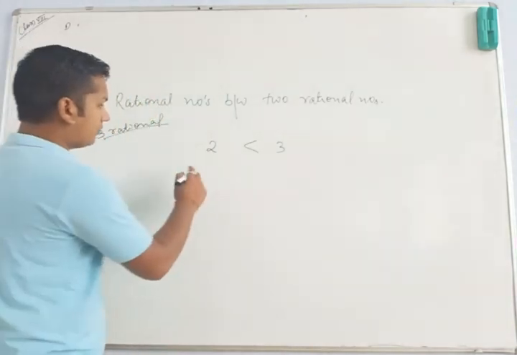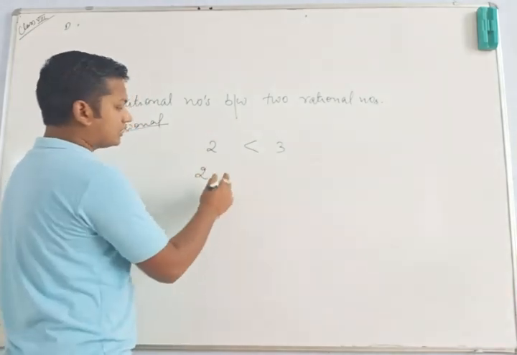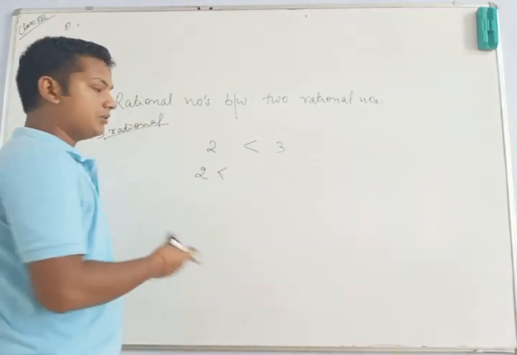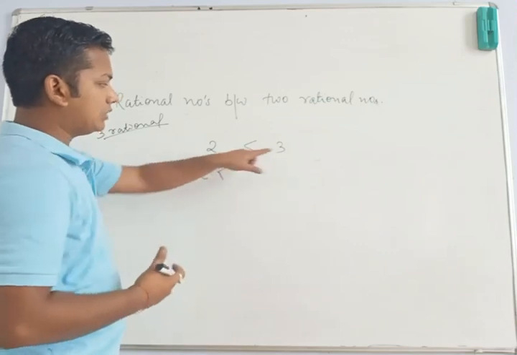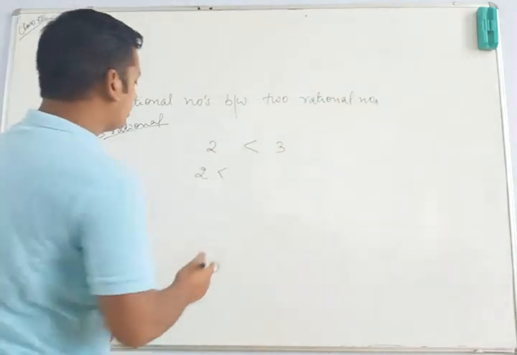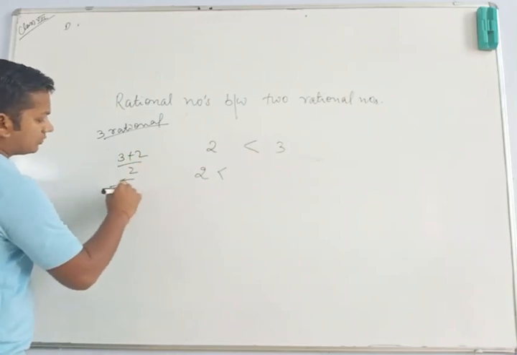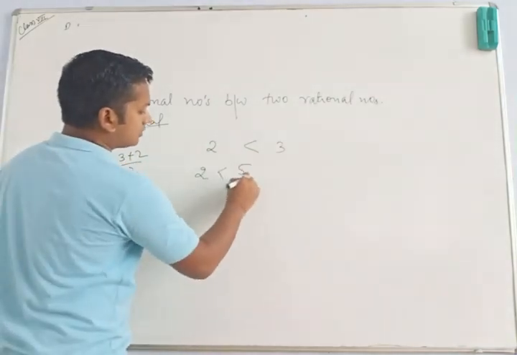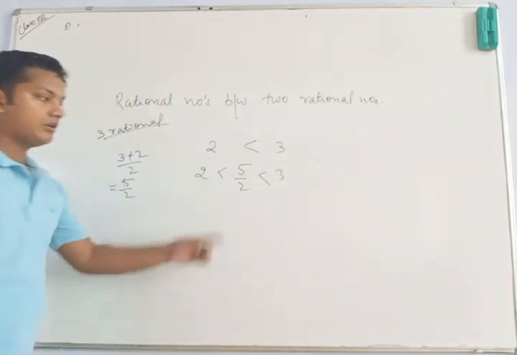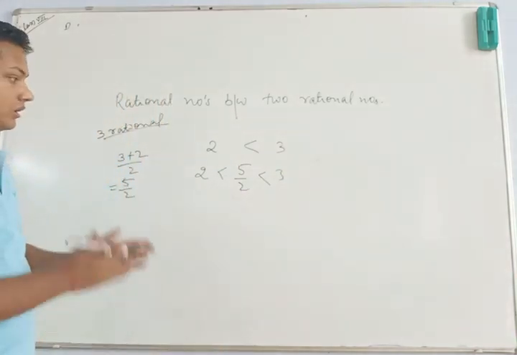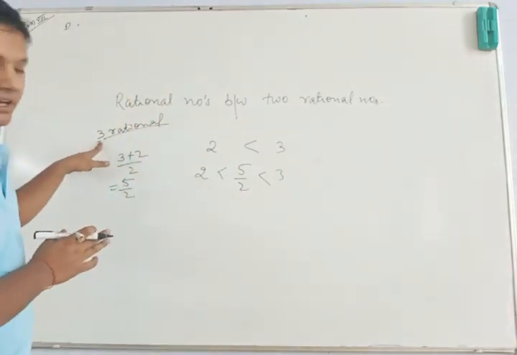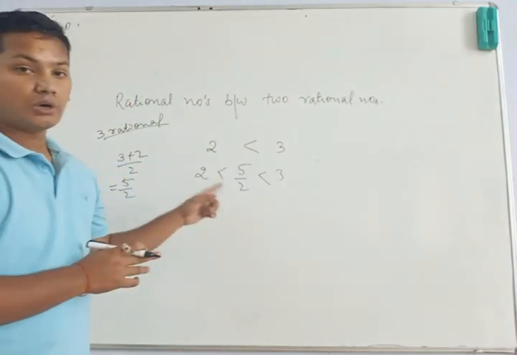The rational number which comes in between will have a value less than 3 but more than 2. So I will do 3 plus 2 upon 2, that is 5 upon 2. This is my first rational number. I have found only 1 till now.